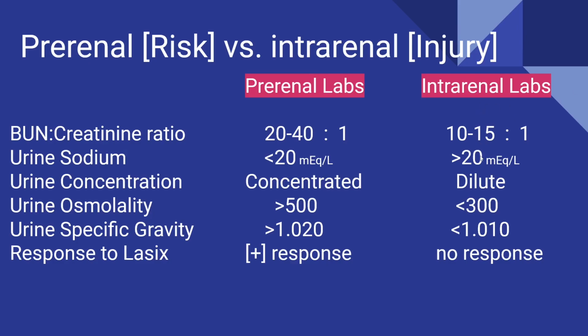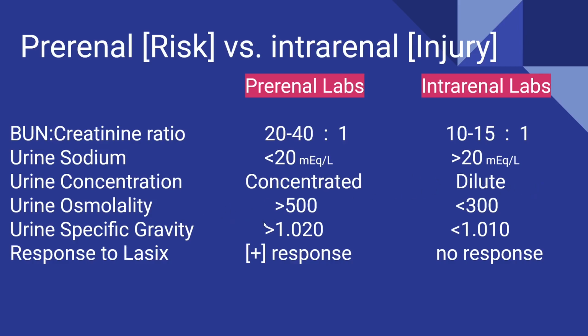Versus intrarenal failure, where those nephrons have potentially died, so there's no reabsorption of sodium, and therefore it's higher. That's similar to the concentration of urine, right? In pre-renal failure the kidney's still functional, but there's less volume, so because there's less volume, it's more concentrated. Versus in intrarenal failure, we don't have that reabsorption of water, so any water that's introduced into the kidney is lost straight out the nephron, not reabsorbed.